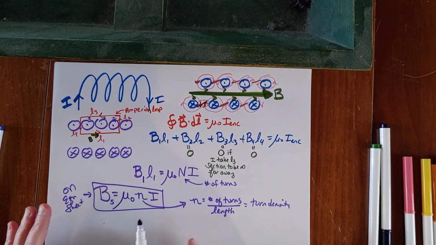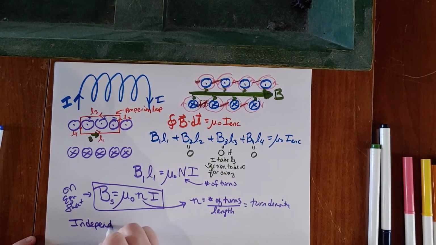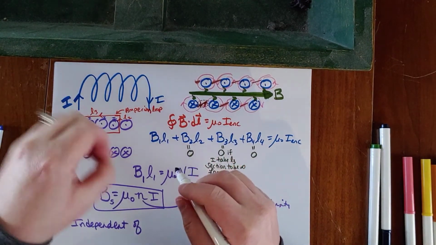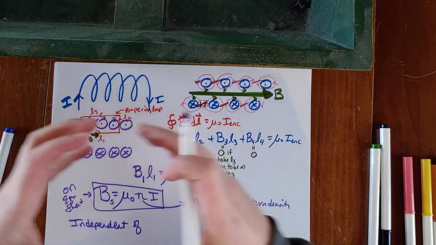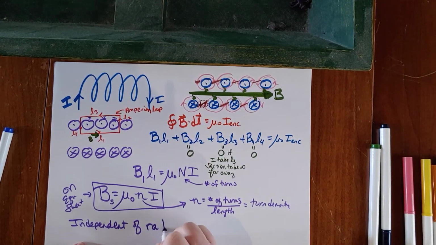So I want you to notice a few things. Okay? It is independent of how those turns look. So independent of the radius of the solenoid. So that's really interesting.